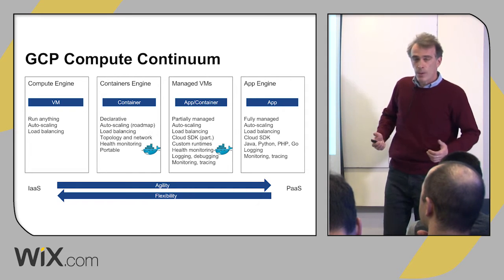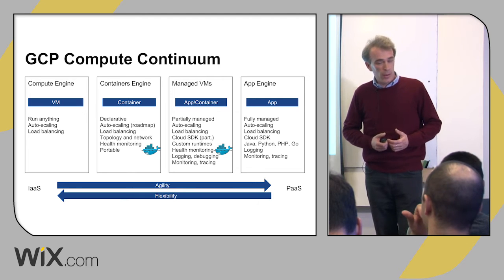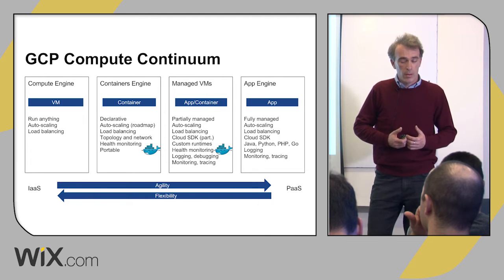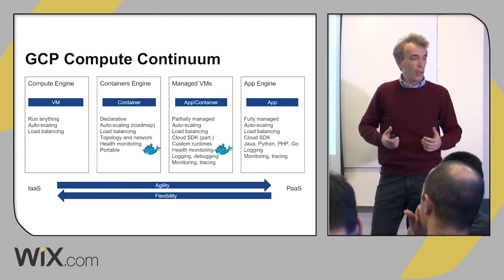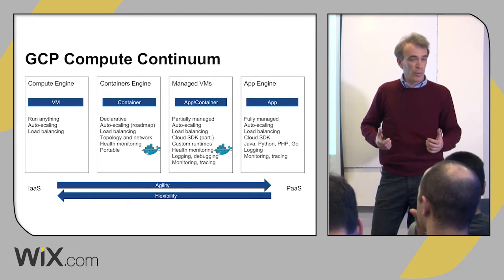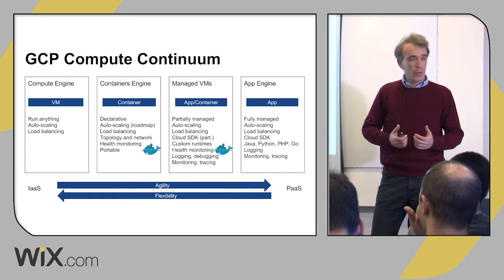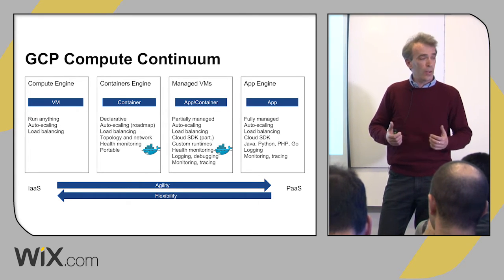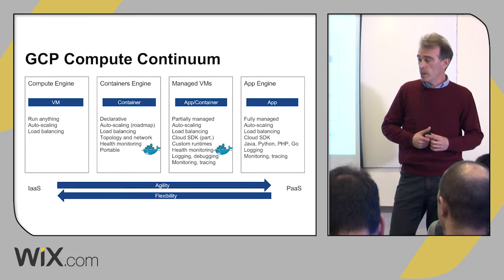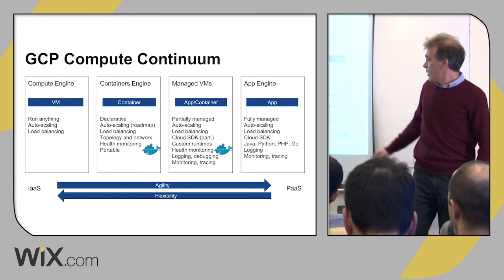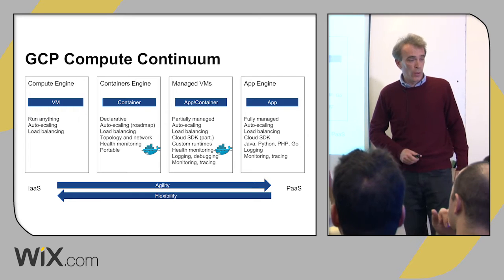App Engine is a good example where the cloud provider takes from us almost all operational work. We write our code using one of the languages and runtimes supported by this platform. In this case, it's Java, Python, PHP, or Go.